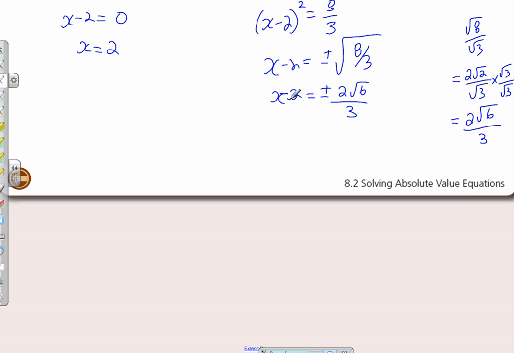So x equals 2 plus or minus 2 root 6 over 3. That means at this point we have x equals 2 as one option, x equals 2 plus 2 root 6 over 3, and x equals 2 minus 2 root 6 over 3.